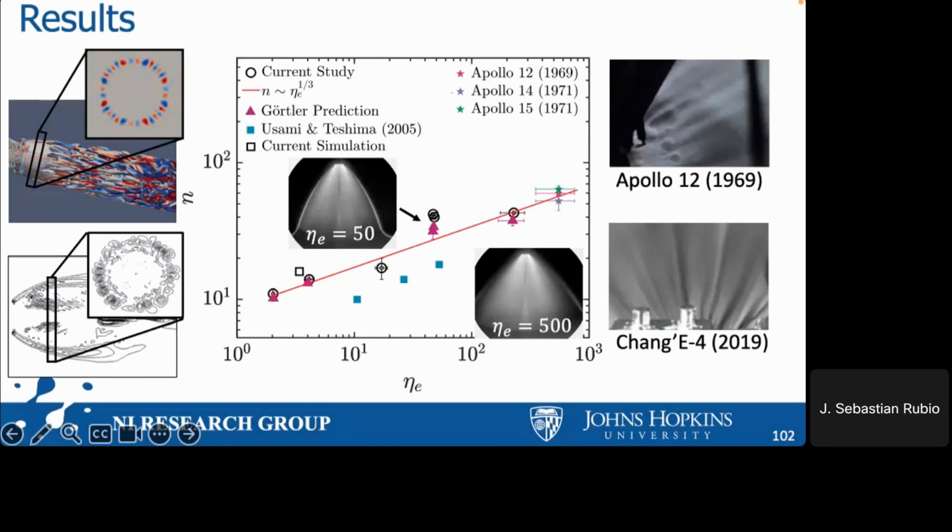But essentially what we're trying to show in this talk is that for eta E of 50, kind of in the middle, you have a well-defined shear layer, right? But as we increase the jet pressure ratio, our shear layer starts to diminish. So what we're saying here is that in the Apollo missions and Chang'e missions, when your lander is approaching the lunar surface, a region of high localized pressure and ambient pressure increases such that we have a low jet pressure ratio right below the lander.